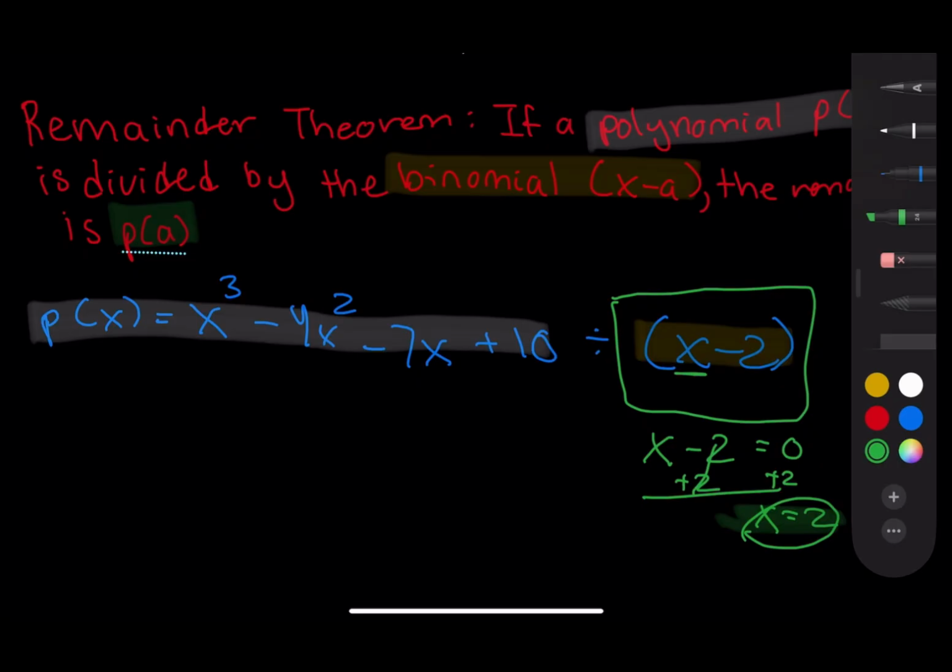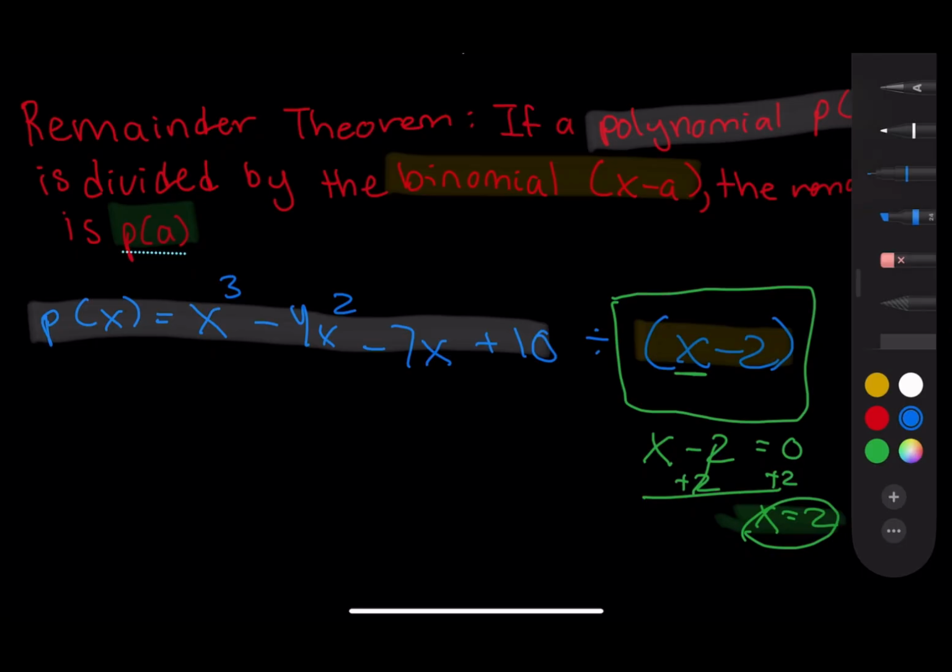So basically this is telling us that our remainder is going to be determined if we use 2 in this polynomial. We're going to substitute 2 as x, and that way we're going to find our remainder.